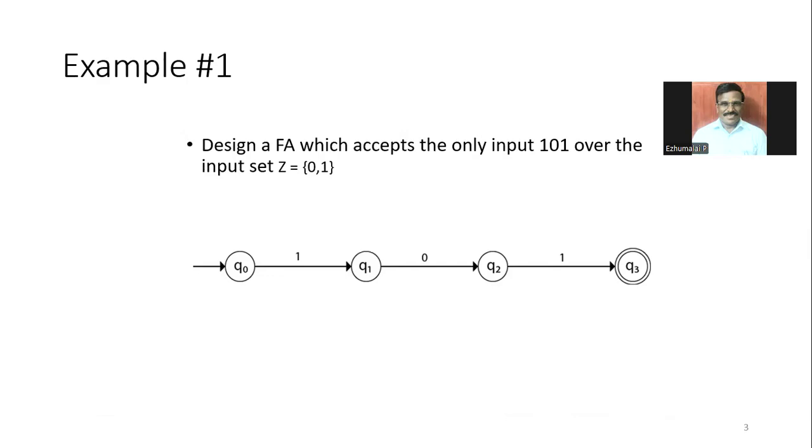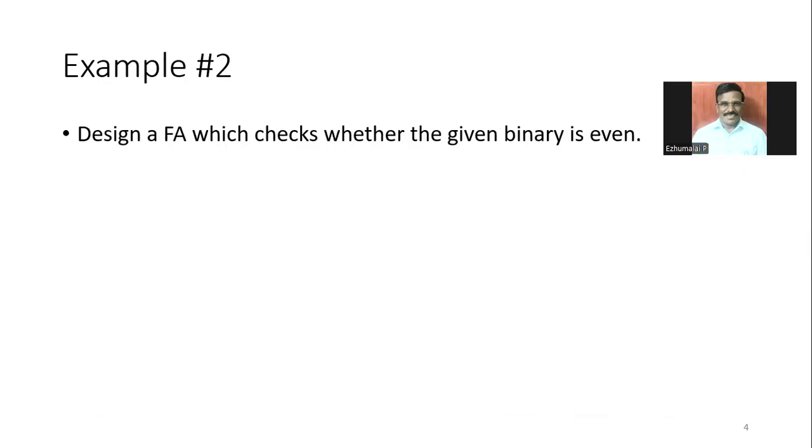It starts from the Q0 state. We are giving input 1, it goes to Q1. Again, giving input 0, it goes from Q1 to Q2, and for input 1, Q2 to Q3. So starting at Q0 and ending at Q3 with the input 1, 0, 1, we consider this input accepted by the finite automata. The input set is 0, 1 only.